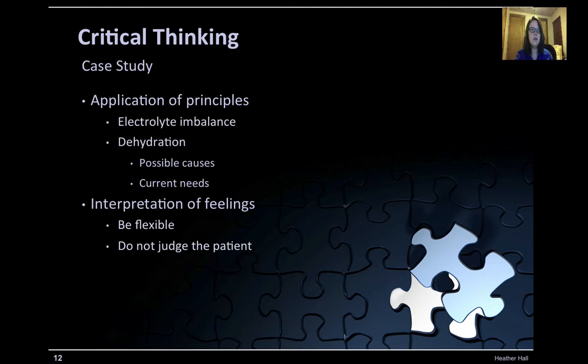Dysentery from being in a foreign country sometimes can be from sanitation issues, not necessarily the patient's sanitation issues, maybe sanitation issues from the water, things like that. So, be kind, be flexible. It's not always a great situation to walk into a patient's room that has all of these situations going on. Just be kind and cognizant of your reaction to the patient.